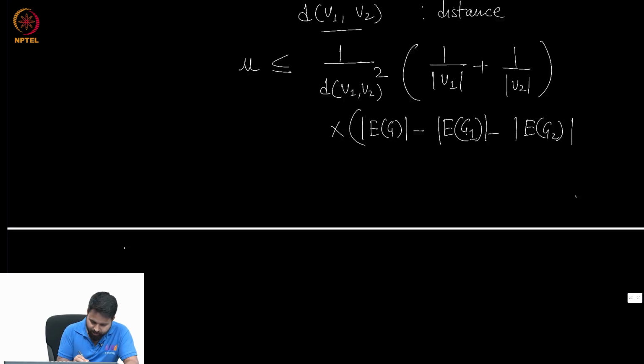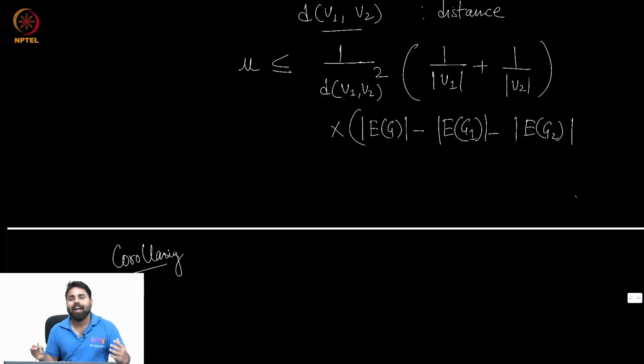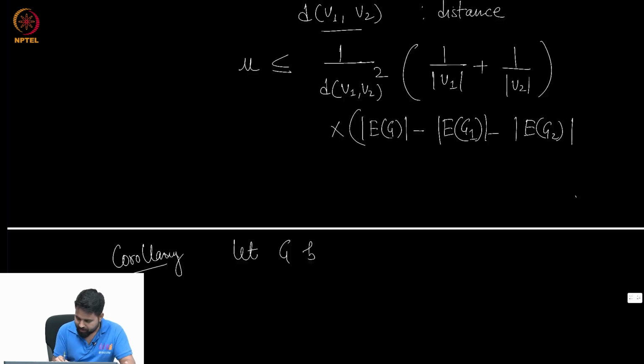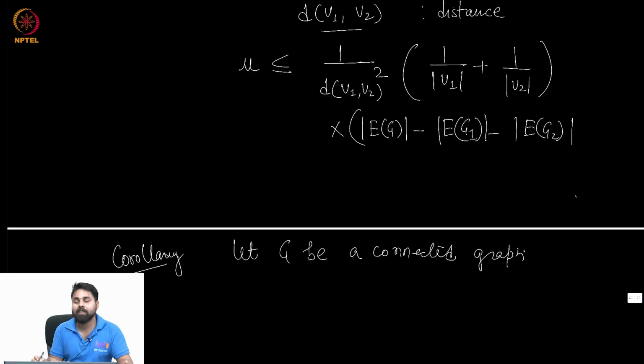Corollary. Let G be a connected graph on n vertices, because I will be using the size of this graph.